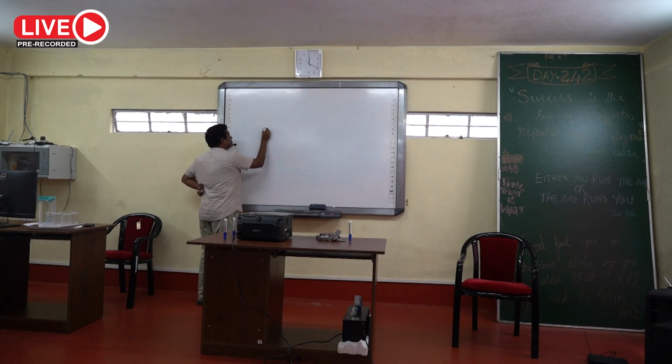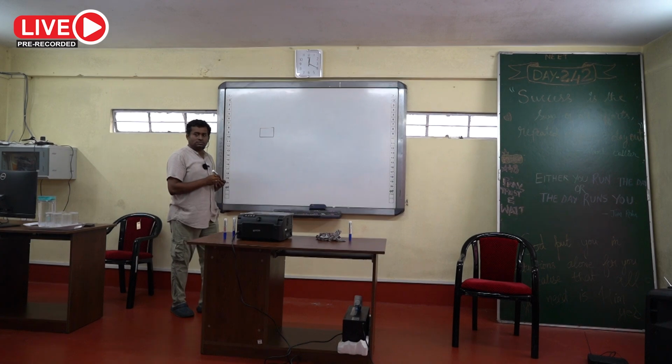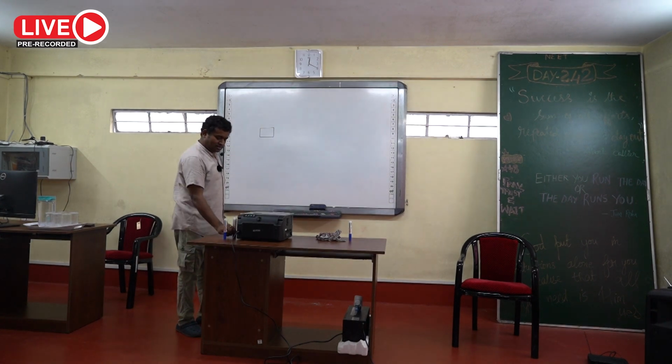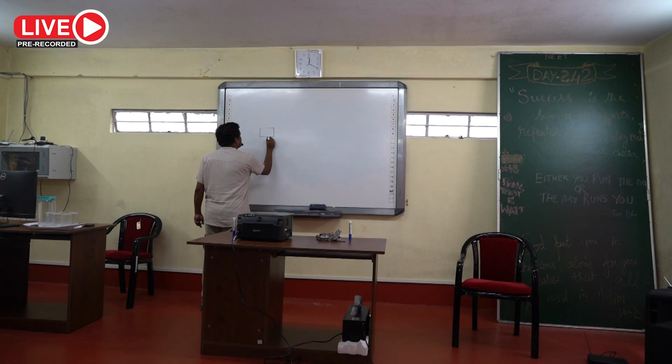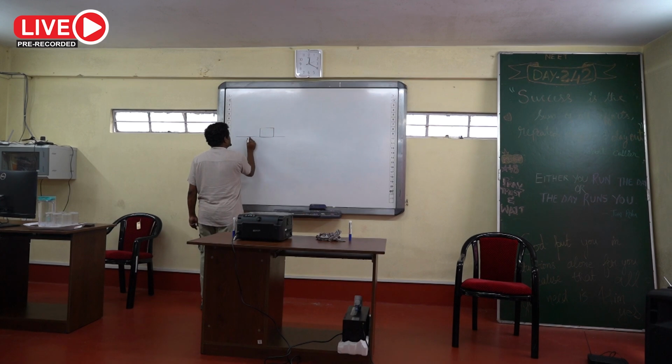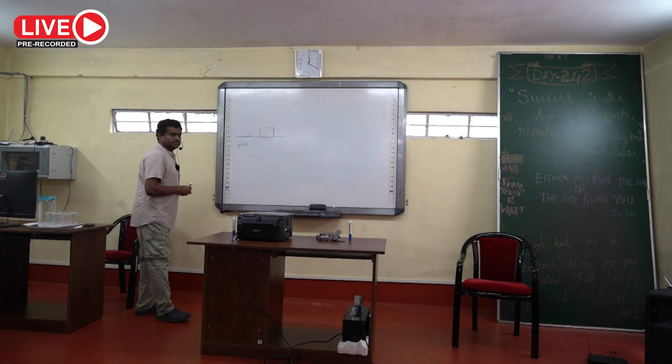One more problem. Suppose this one is a block. Block is kept over a horizontal surface. It is rough, having coefficient of friction mu equal to 0.6.